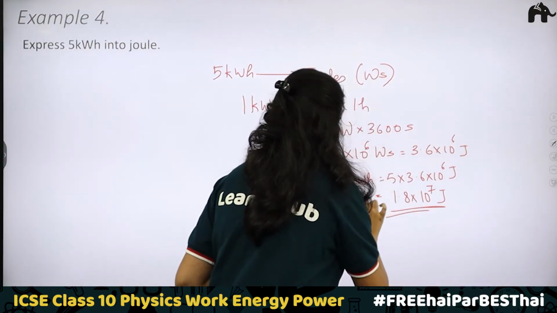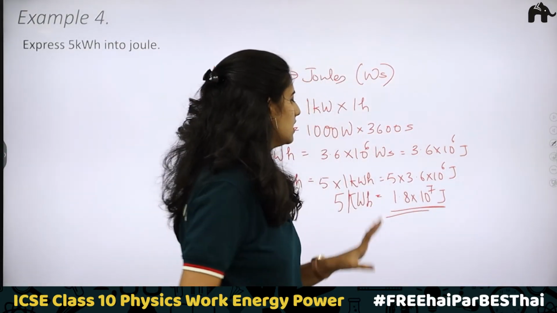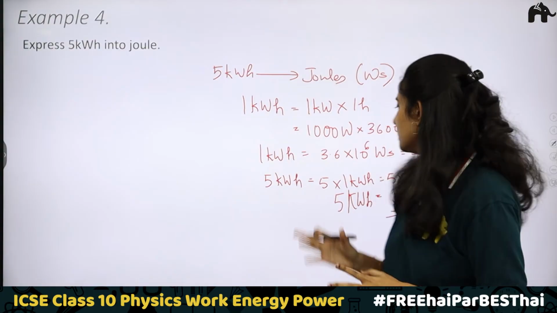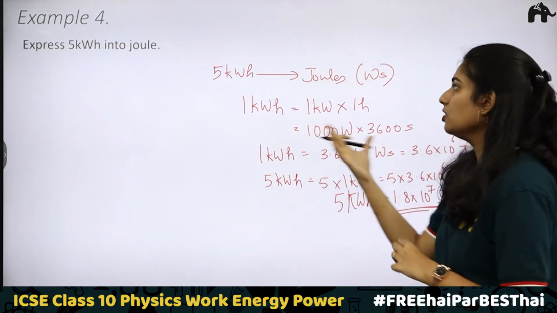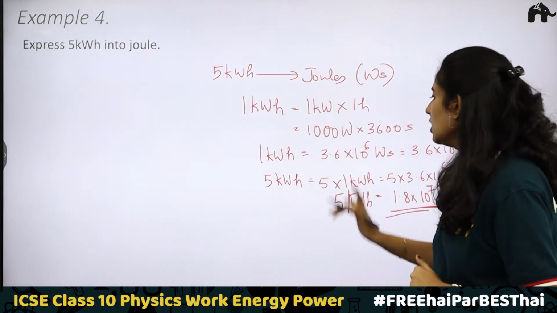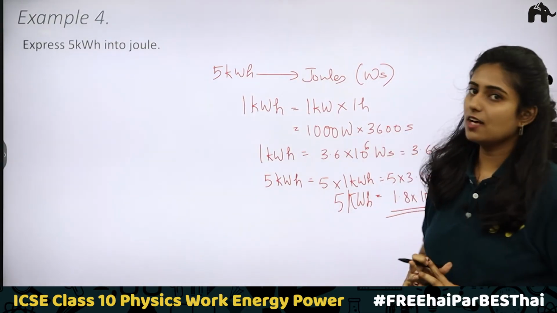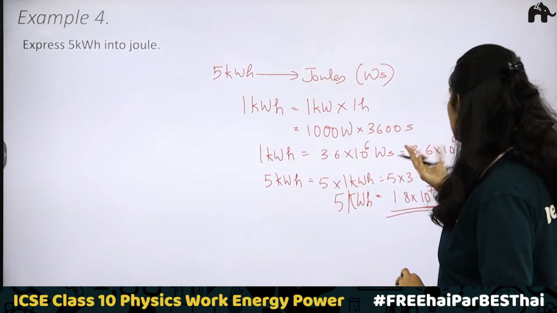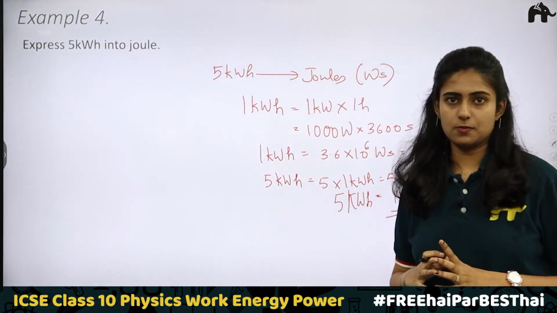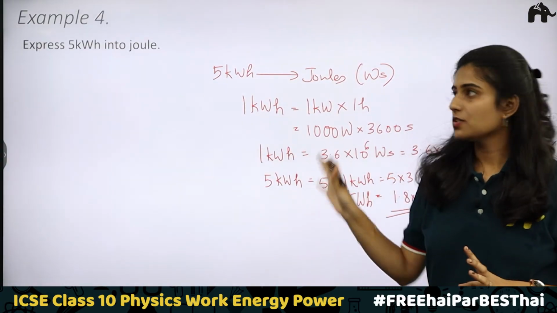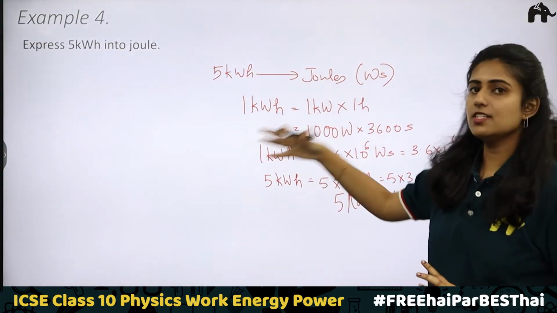So 5 kilowatt hour is equal to 1.8 into 10 raised to 7 joules. If you are asked to find 2 kilowatt hour, we know 1 kilowatt hour is equal to 3.6 into 10 raised to 6 joules, so 2 kilowatt hour will be equal to 2 into 3.6 into 10 raised to 6 joules. So understood how to convert kilowatt hours into joules.